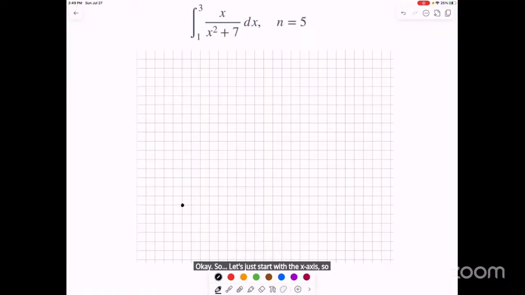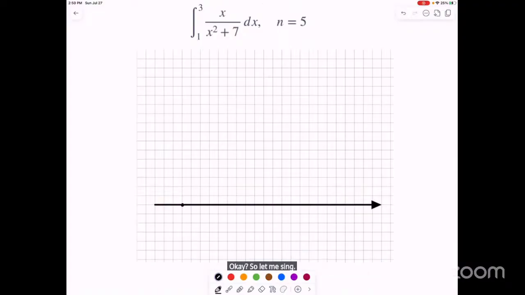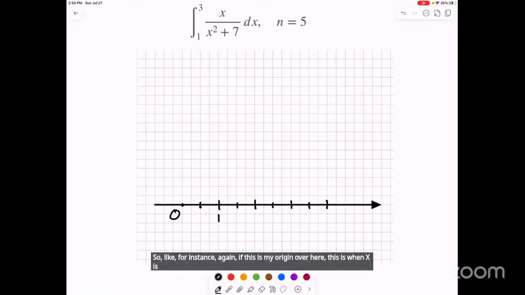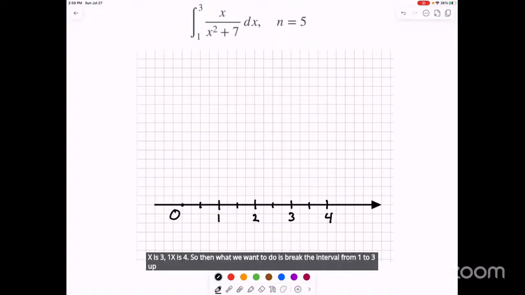We'll start with positive x over in this direction, and we want to consider this as x goes from 1 to 3. I'll let this be my 1, 2, 3, and I'll go a little bit beyond. If this is my origin over here, this is when x is 1, when x is 2, when x is 3, when x is 4.